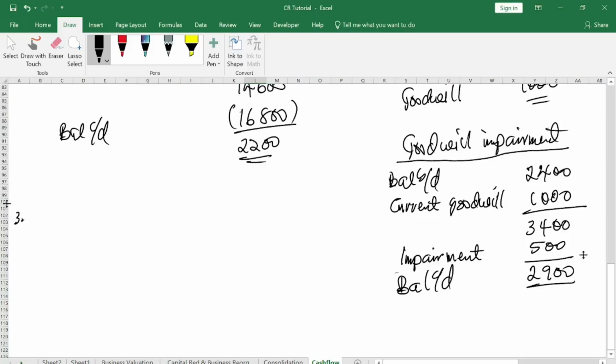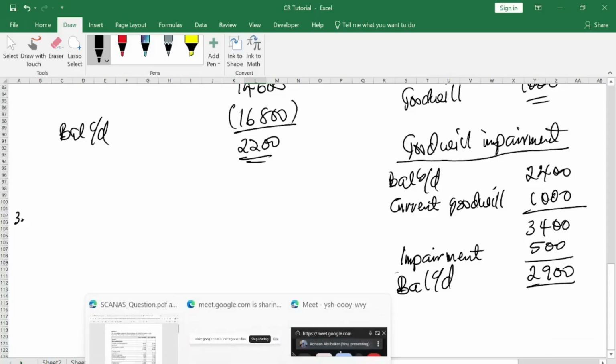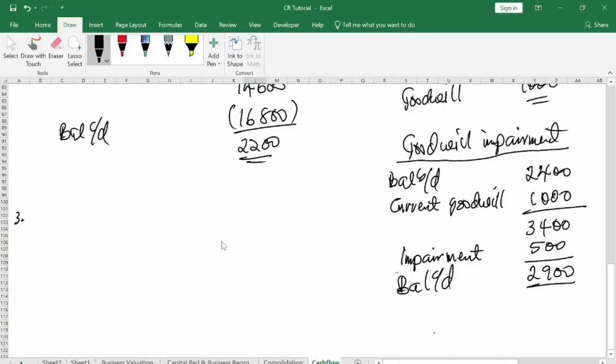Okay, so let's move to the third item, whilst taking note of these items. The third item, we have investment in associates. So here, investment in associates.